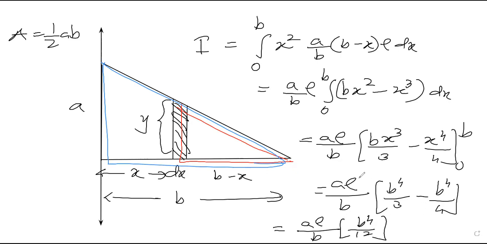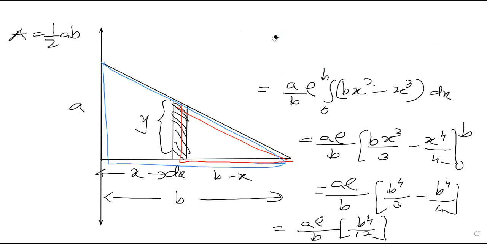Means I'll take an LCM, everything about the fractions, and the answer comes to be this. So finally, we get the moment of inertia, capital I, as half of a b rho. One of the b gets nicely cancelled, and we'll get b cube.